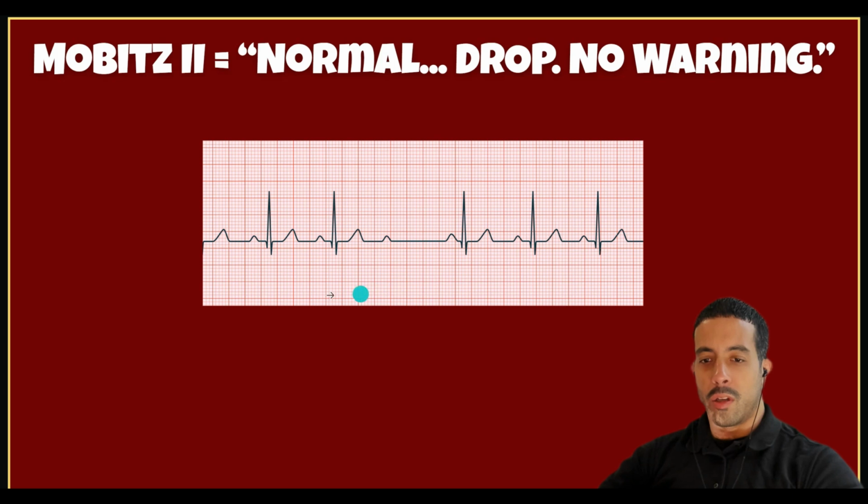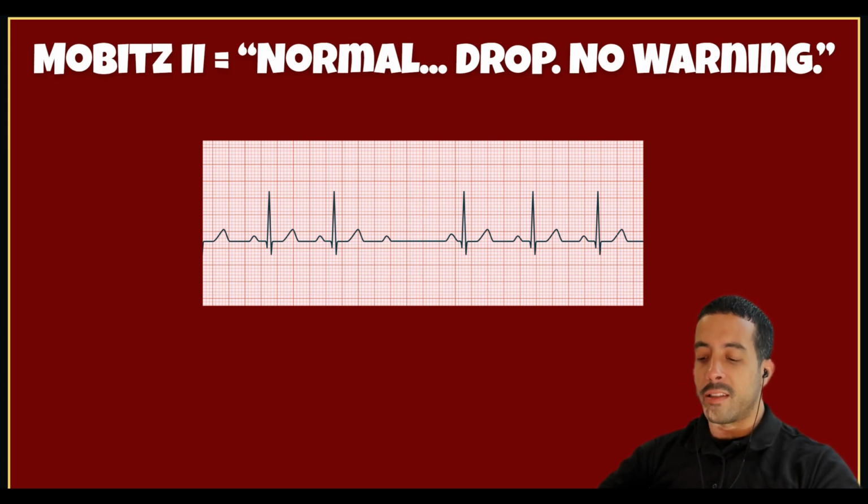What I want you to notice is the difference from type 1: in type 1, the PR interval gets progressively longer, and then there's a drop. Here, the PR interval is normal, and then all of a sudden, there's a drop. Remember, this is the ventricles contracting, and all of a sudden, there's no ventricle contracting. There must be a block somewhere.